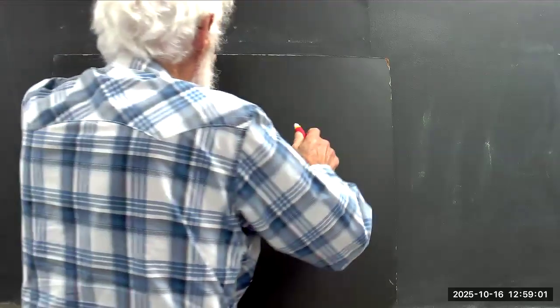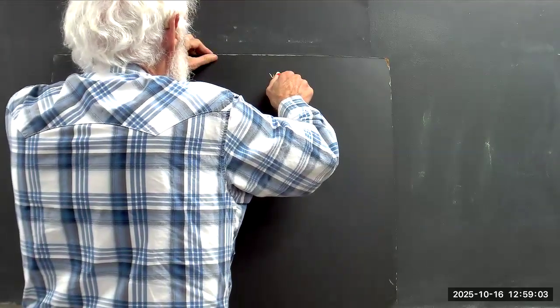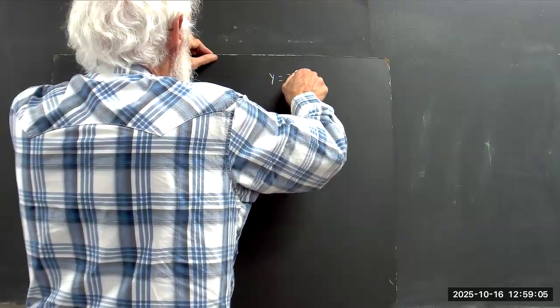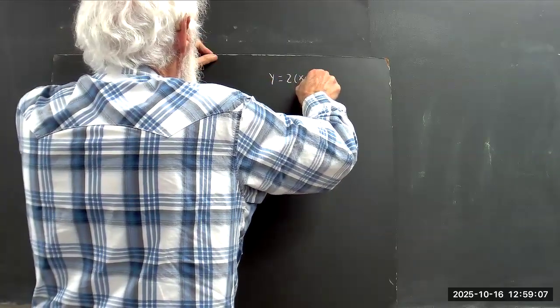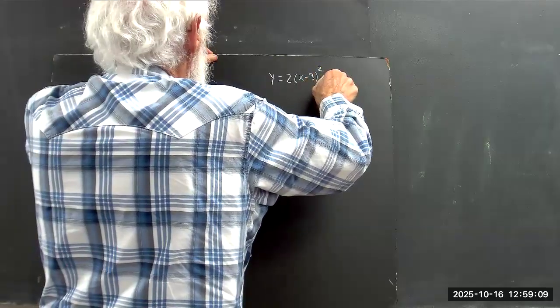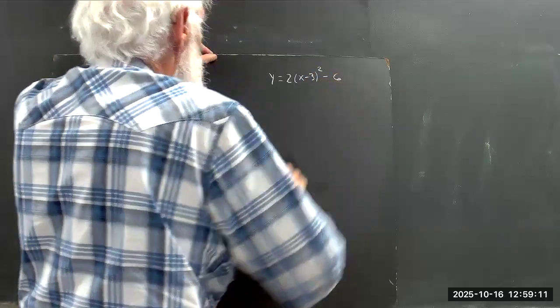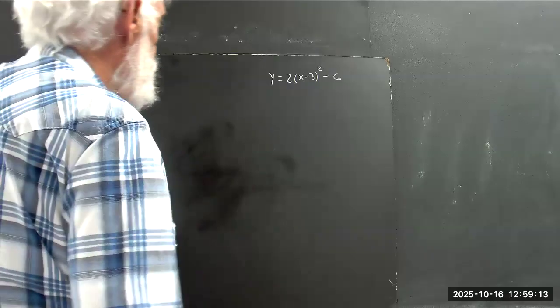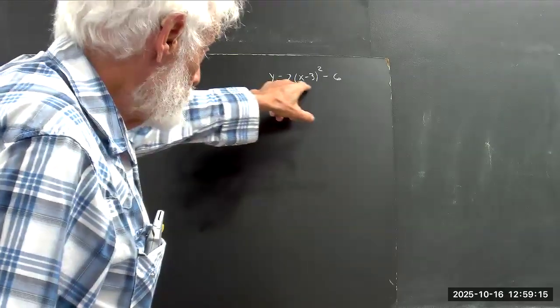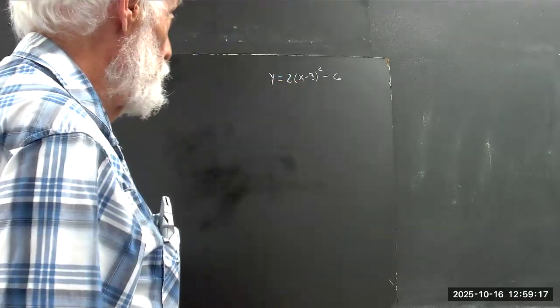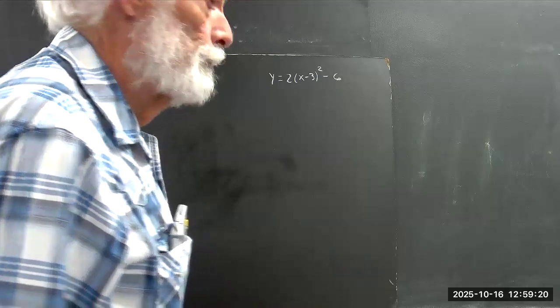I'll start with an easy example. y equals 2 times the quantity x minus 3 squared minus 6.